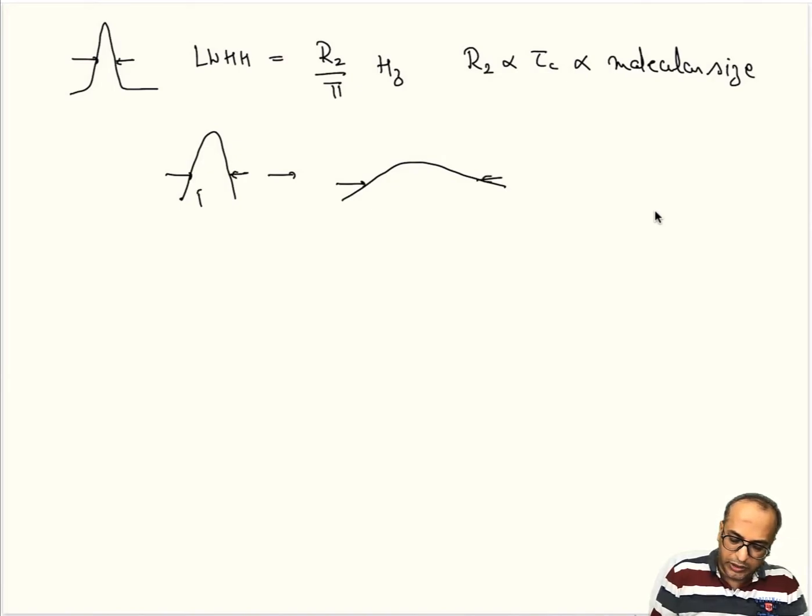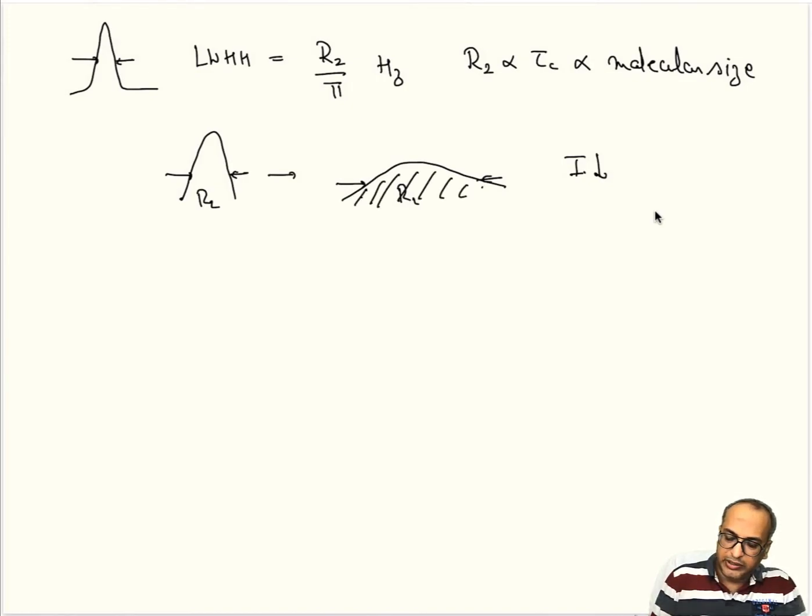So if you notice, although the line width is increasing, here R2 is this, here R2 is this, the intensity is decreasing, right? So why will intensity decrease? Because the area under the curve is constant, and this is equal to the number of nuclei contributing to that line. So that's why if R2 has to increase, the intensity has to decrease.